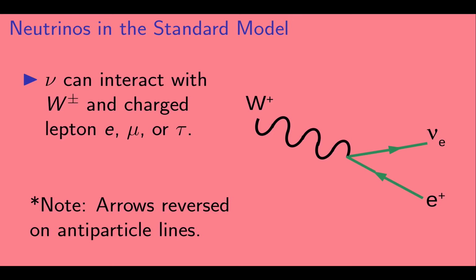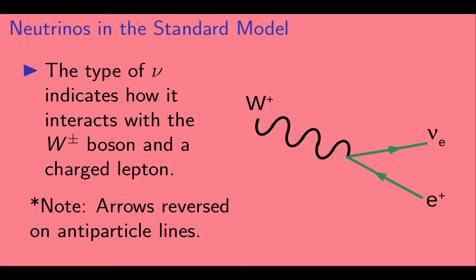Okay, so first, the neutrinos can interact with the W boson and a charged lepton, where the charged leptons are the electron, muon, and tau. For example, this diagram could represent a W+ boson decaying into a positron and an electron neutrino.